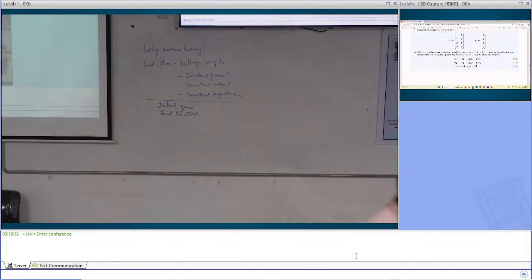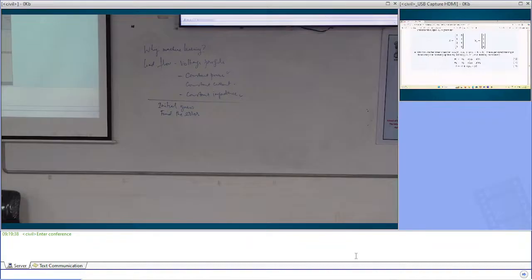Pardon? Yeah, use this to find what? Say it in plain language. Use this to find the next guess. Use it to find the next guess such that the error is reduced. Okay? Simple to remember, no x, no delta x.